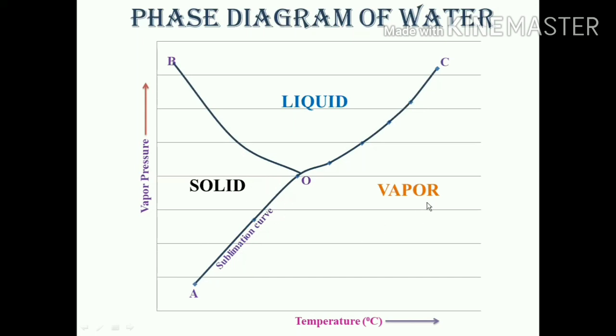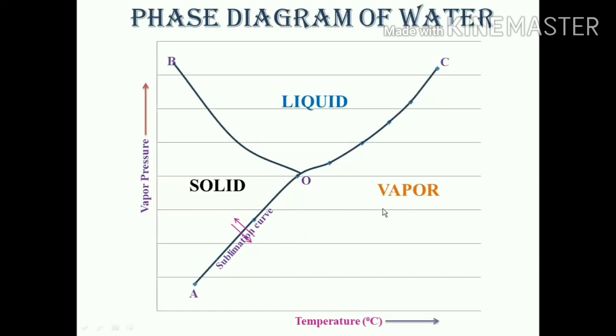Now, what is the sublimation curve? The sublimation curve represents the equilibrium state between the solid and the vapor phase of water, right? Now, when I say equilibrium state, what does it mean? Definitely, it means that at this particular state, that is the equilibrium state, the solid and the vapor phase of water exist together, right?